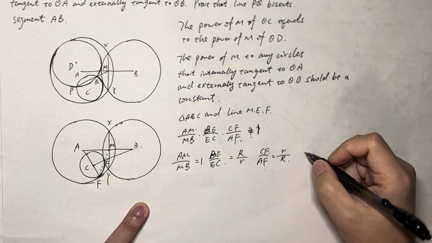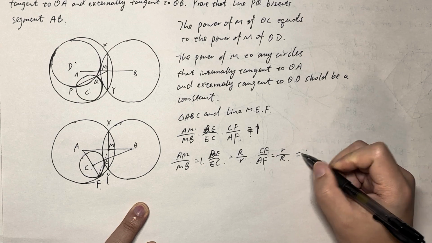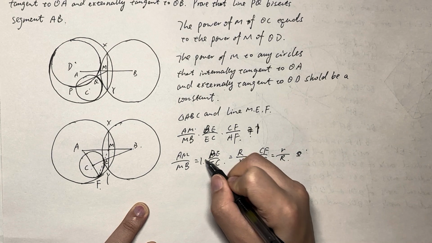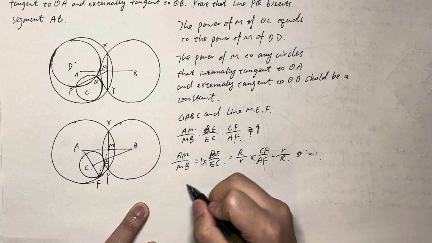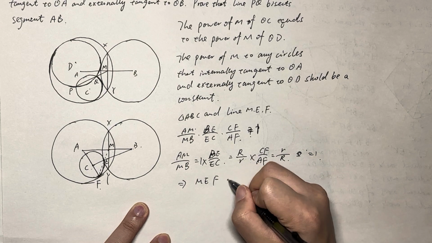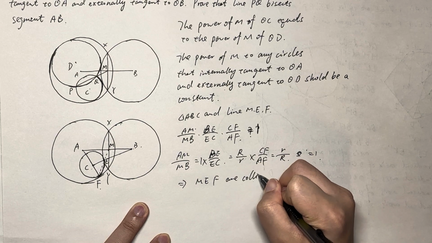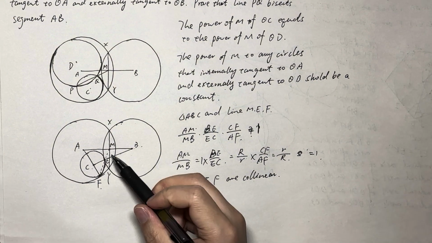And we know that this product equals 1, right? If we multiply these three, it equals 1. So we know that M, E, F are collinear, right? M, E, F are collinear.